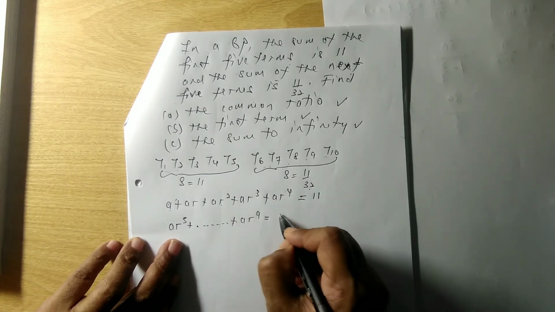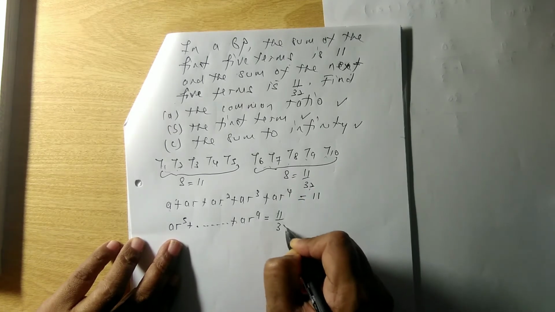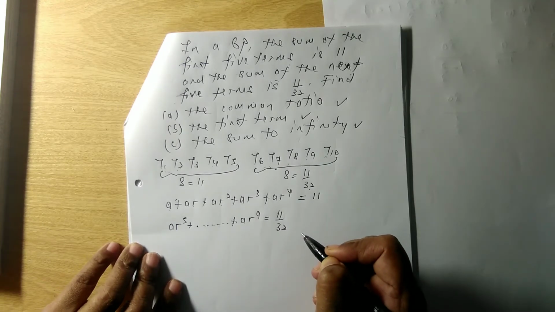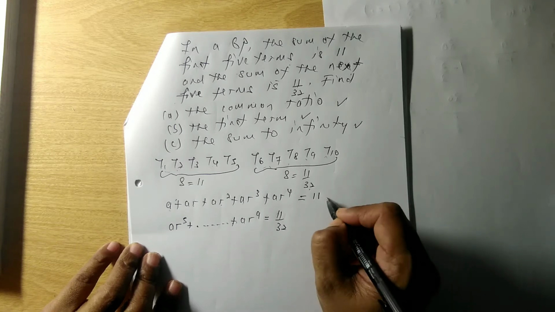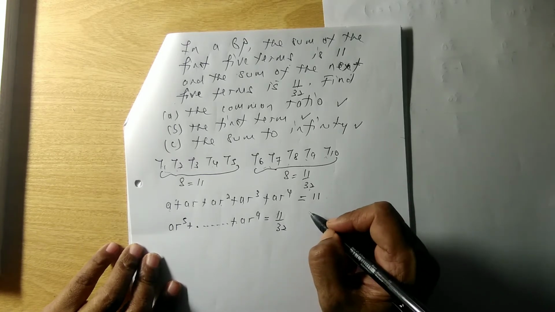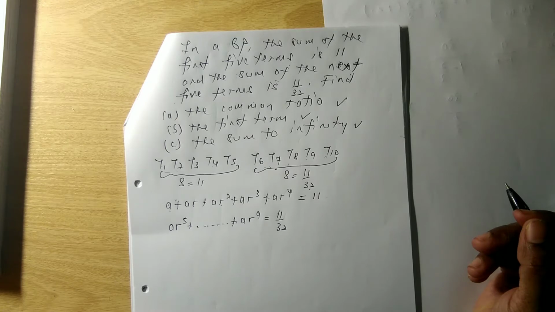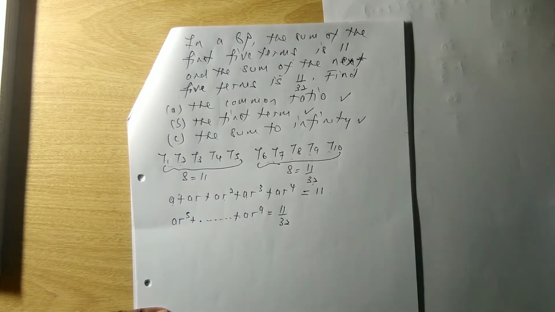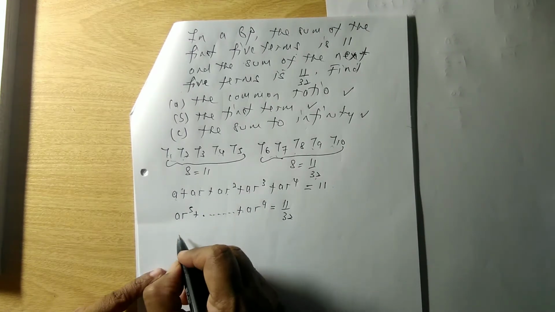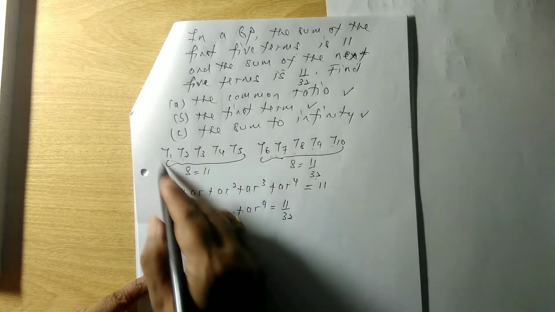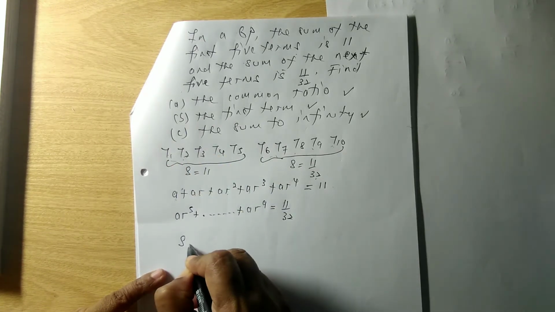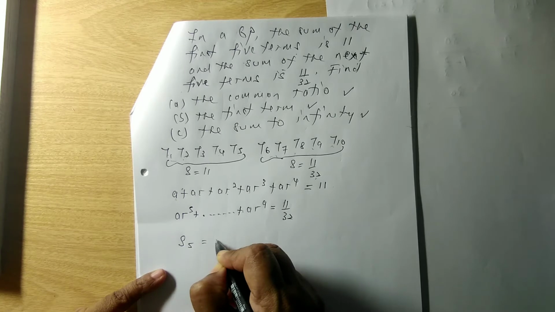So this will be 11/32. Now the next thing you can do, this is one method, is use the simultaneous equations method to solve it. Or we can use the sum. If I'm using this first part, this is S5. I do not know my A.